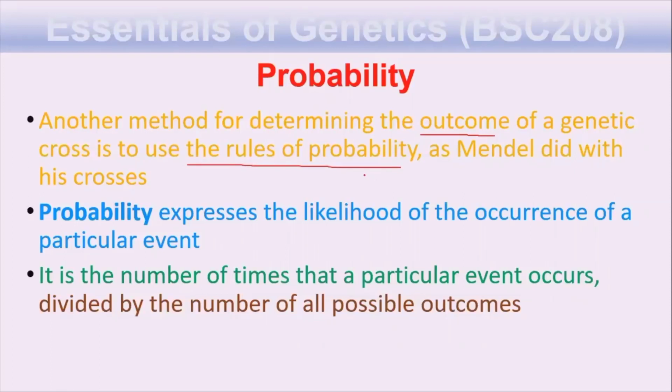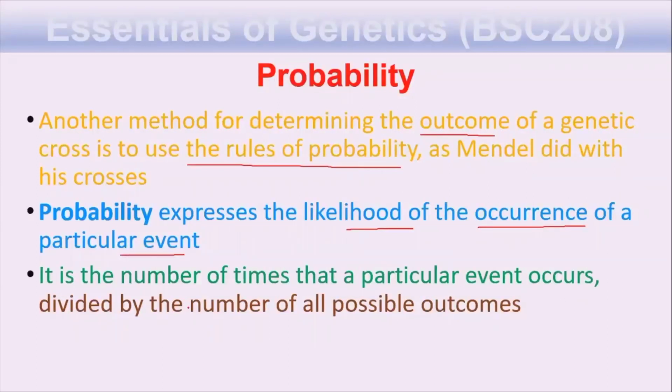Mendel was also doing crosses and using these kinds of things, and probability expresses the likelihood of the occurrence of a particular event.